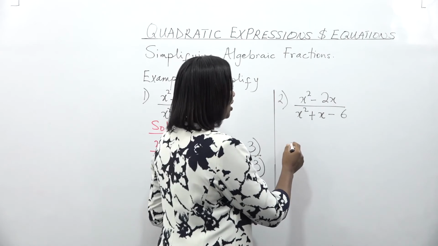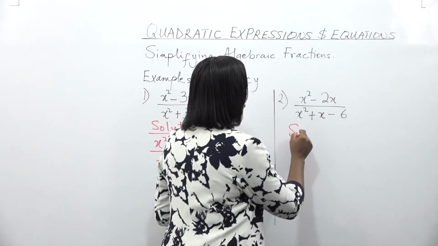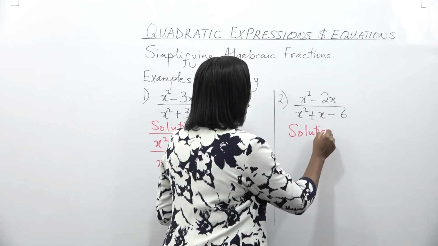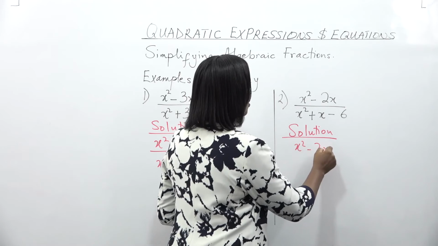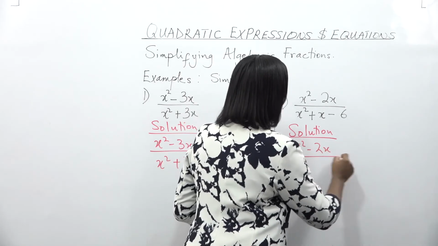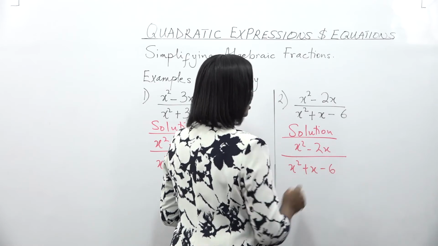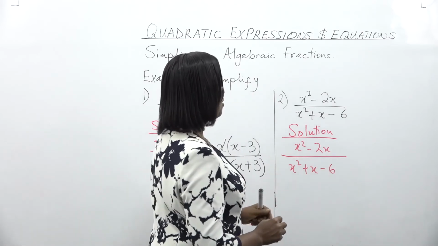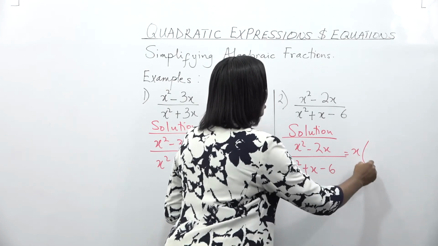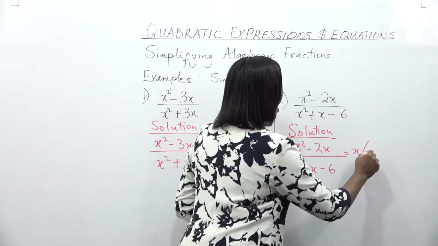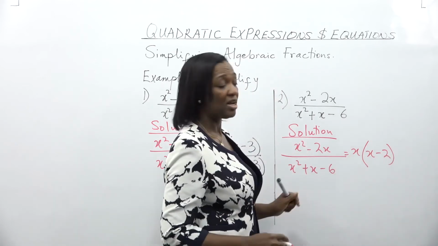So let's see what we have. So x squared minus 2x over x squared plus x minus 6. So here we have x common, so we take it out, x minus 2.